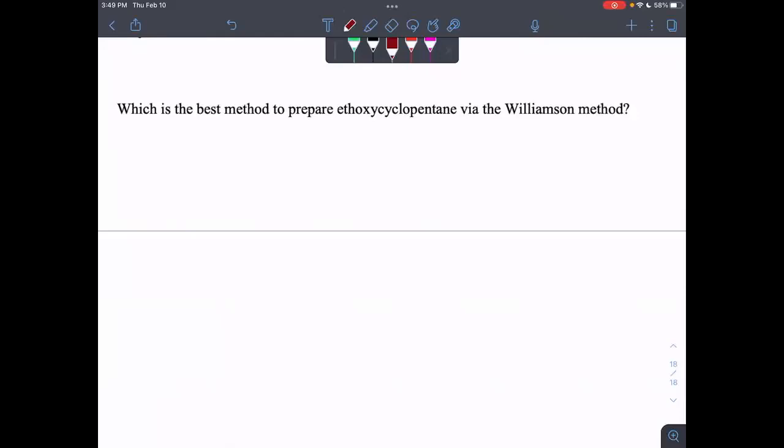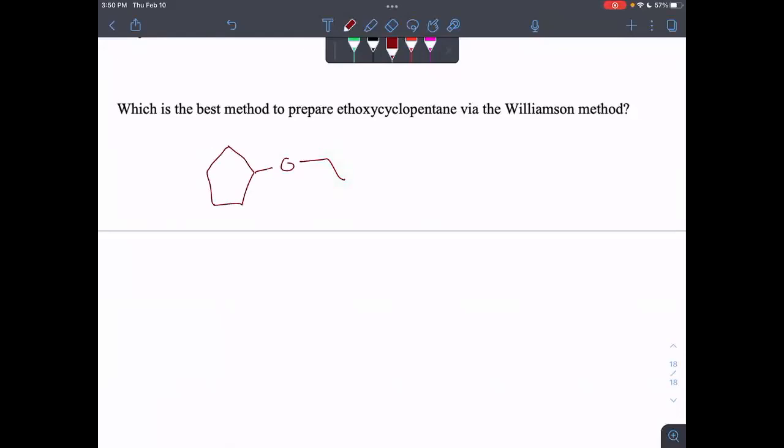A ring of how many carbons? We have a cyclopentane, and then we have an ethoxy coming out of it. We know it's an ethoxy because this substituent is an ethyl. So, what would you use to get this with Williamson ether synthesis?